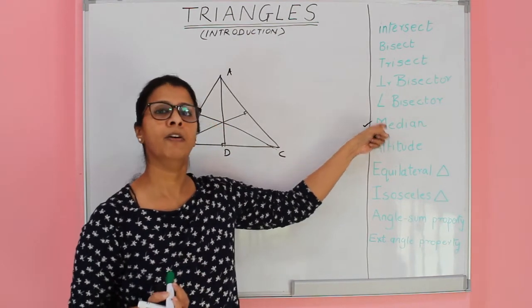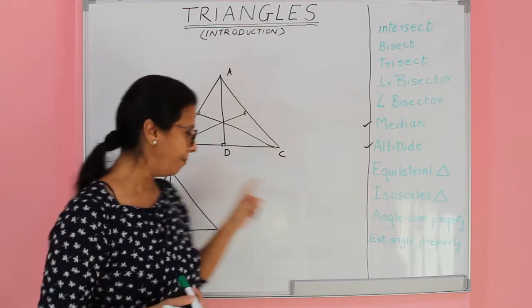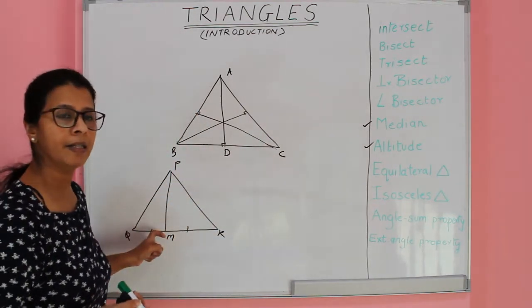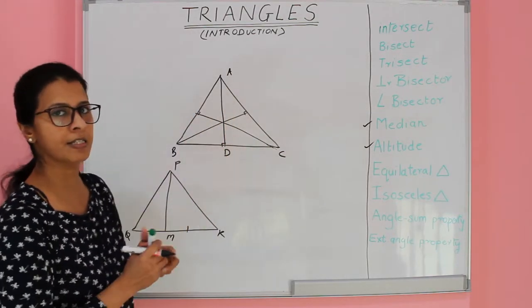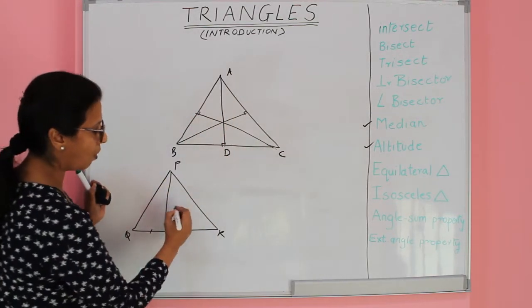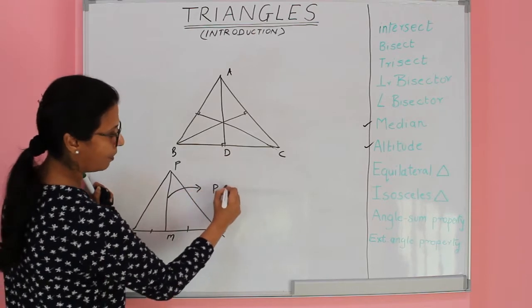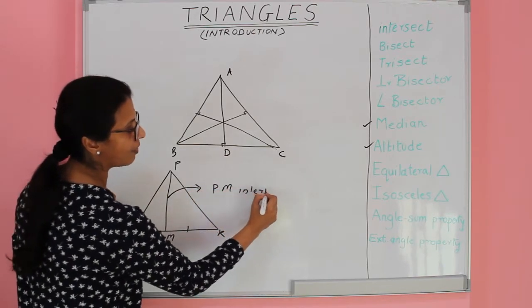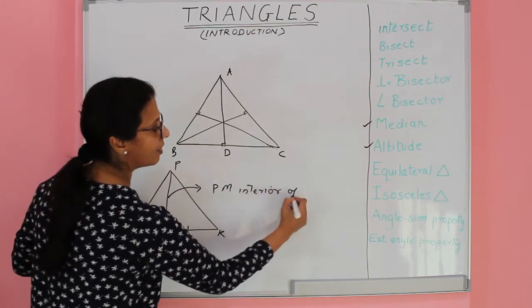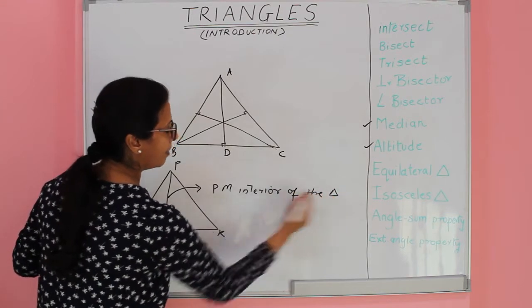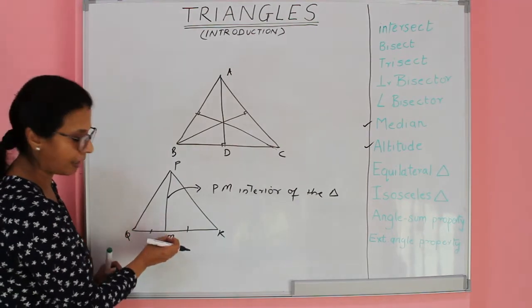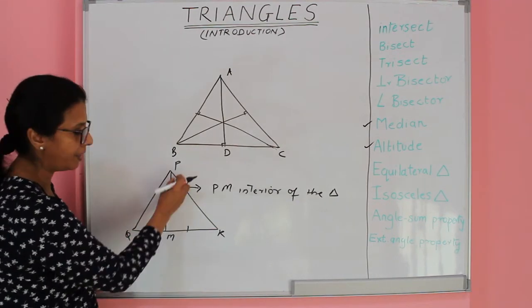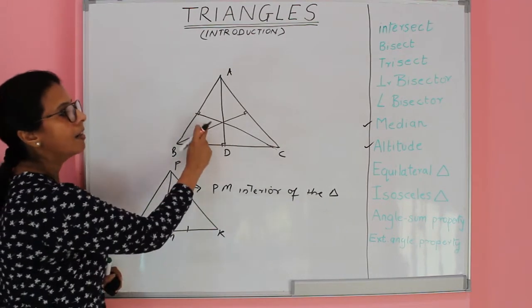Then median is from the vertex to the midpoint, and altitude is from the vertex, the perpendicular distance. Now over here, this PM will always be in the interior of the triangle. Medians are always inside the triangle, because we are finding out the midpoint of the side and then we are drawing it.